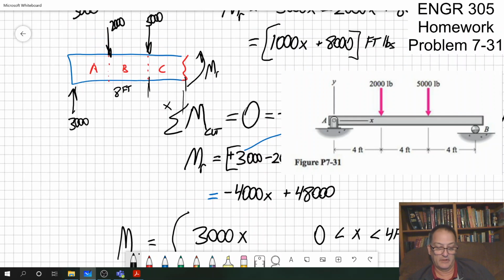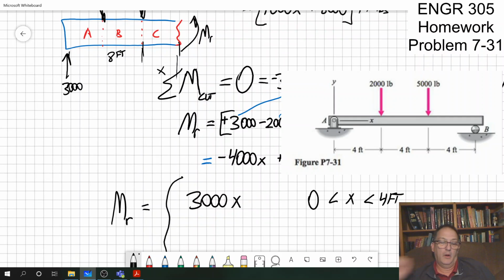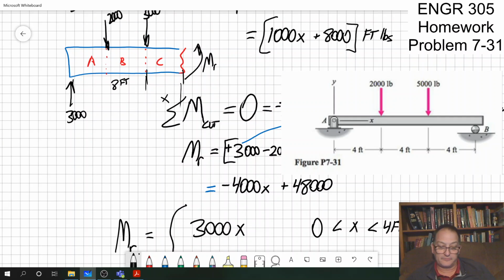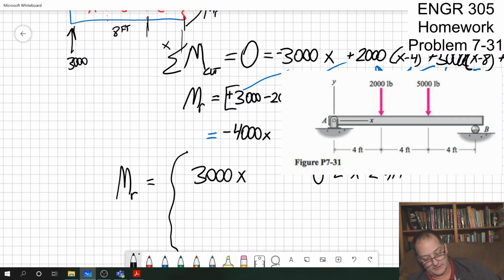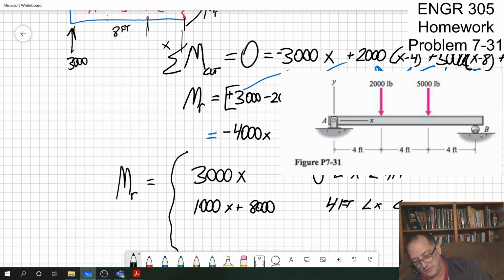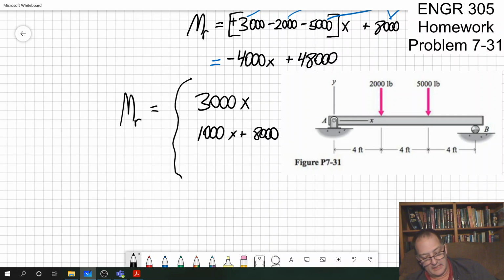And then the second equation was 1,000x plus 8,000, and that was from 4 feet to 8 feet. And then the last equation is minus 4,000x plus 48,000, and that goes from 8 feet to 12 feet.